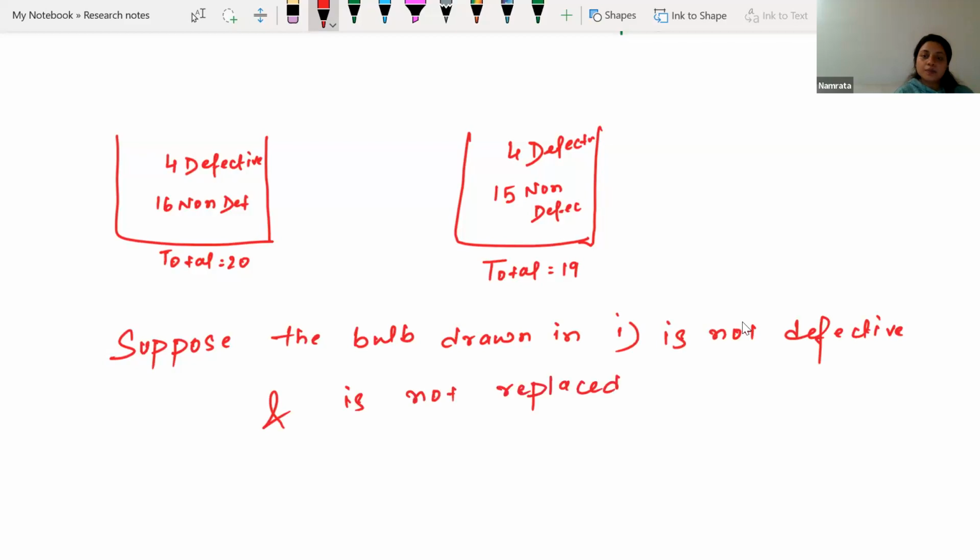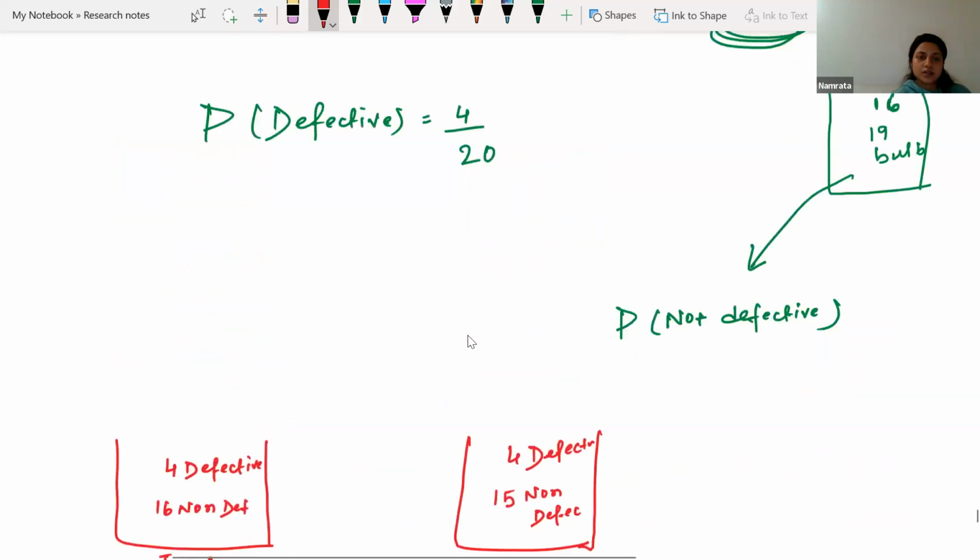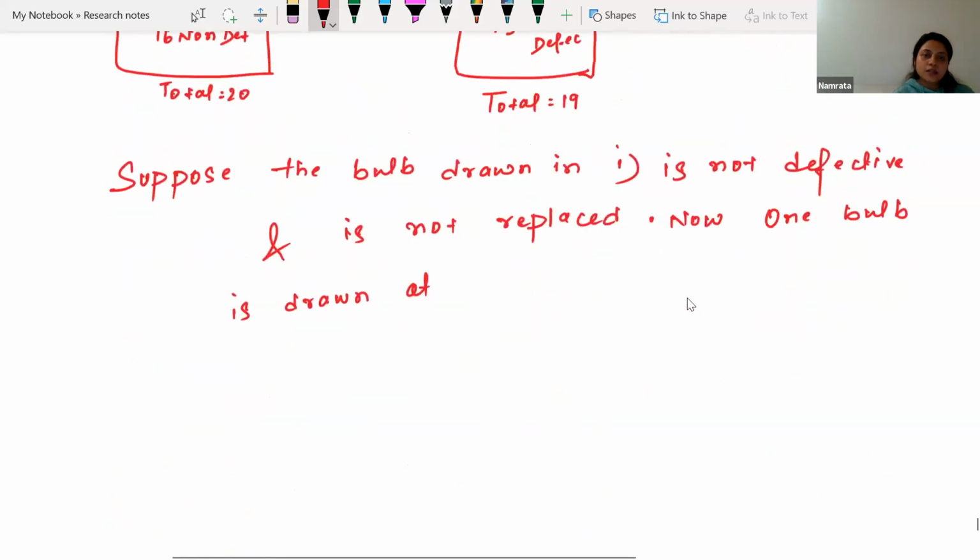Now one bulb is drawn at random from the rest. What is the probability that this bulb is not defective?